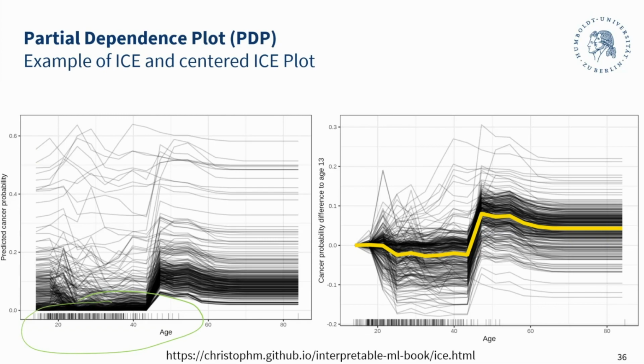And overall, the story told by this plot would be that for most data instances, risk is low for younger ones, and then there is a certain age where this increases, like 40, 45 maybe, so very bad news for me, where the probability goes up and then stabilizes again.